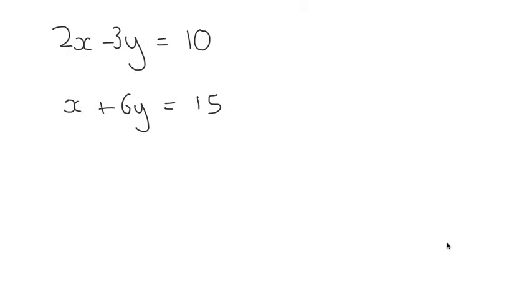Let's look at another question here. So again, we've got two simultaneous equations, and we would either like to add or subtract them to form a new equation in terms of either x or y.